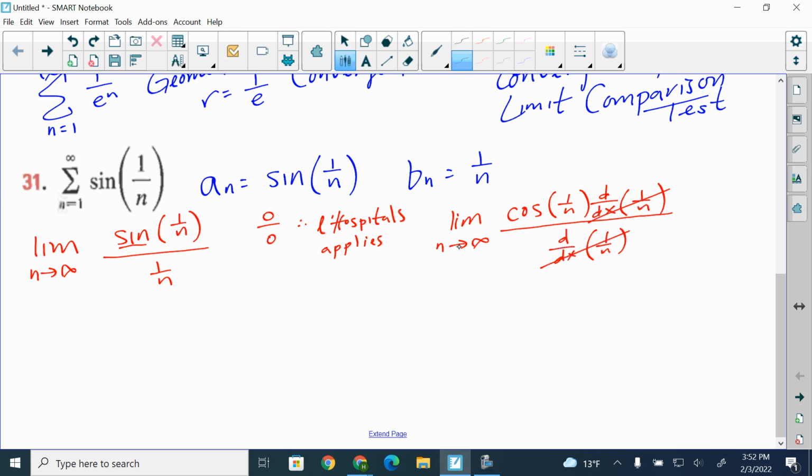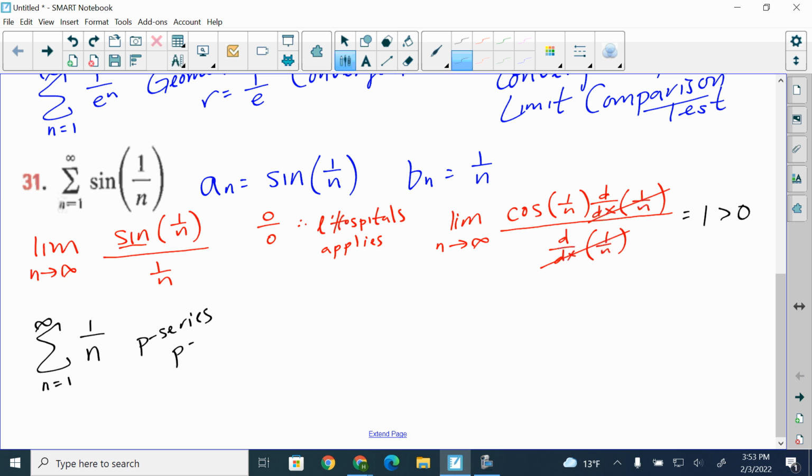Then I am going to plug in infinity. So this is going to end up saying cosine of 0. And cosine of 0 is 1. So greater than 0, finite, limit comparison test works. So now if I can figure out, which we already did, what the series here 1 over n is, this is a p-series.